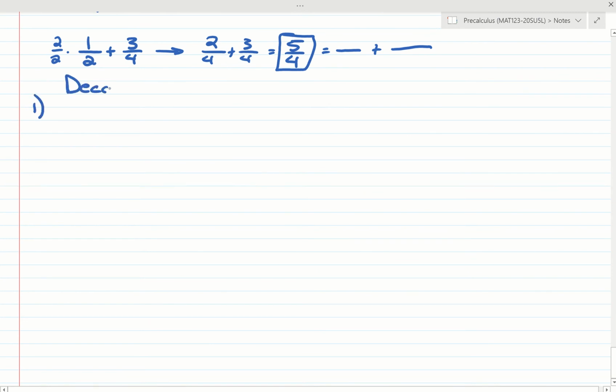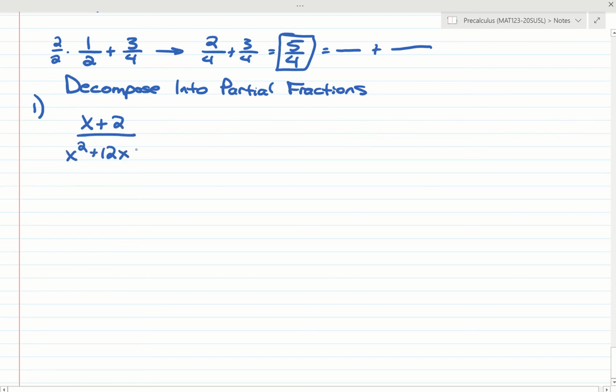The directions are just going to be to decompose into partial fractions. All right, so for problem number 1, it says x plus 2 over x squared plus 12x plus 32.